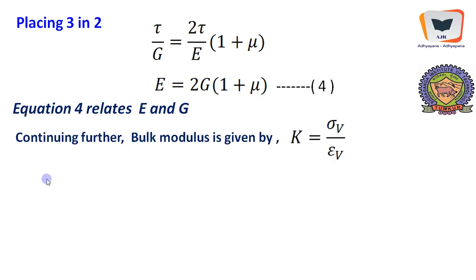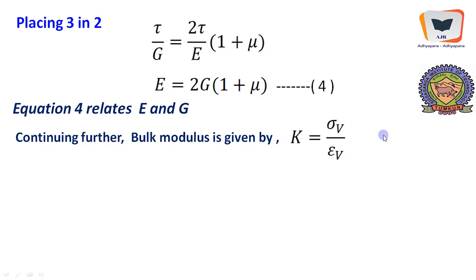Continuing further, we discussed in our previous tutorial that bulk modulus is given by K equal to sigma V, volumetric stress, by volumetric strain. Of course, there is no concept of volumetric stress; it is called spherical stress. It can be denoted as sigma V if and only if sigma x equal to sigma y equal to sigma z.